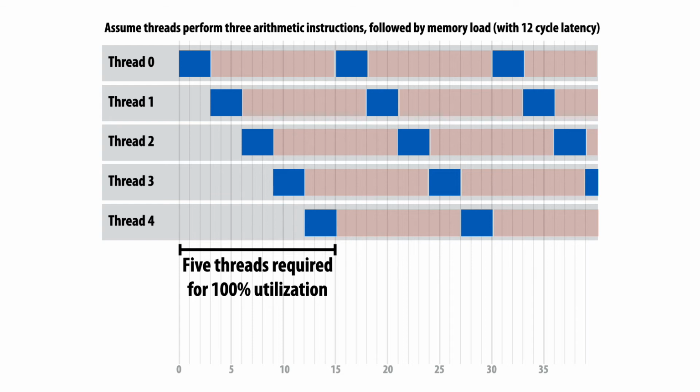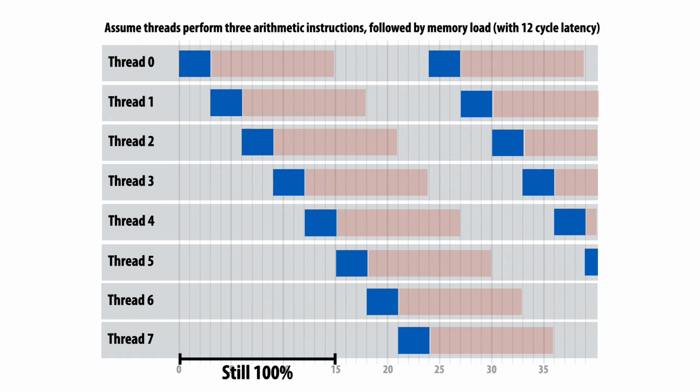Now you might think, well, more threads must be better, but that's not actually the case because we're already running at 100% utilization. We can't run instructions any faster than we are now. So if we added more threads to the processor, here I have 8 threads on my processor, I'm still running at 100%. I'm not going any faster, I'm just interleaving more stuff.